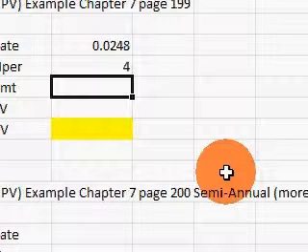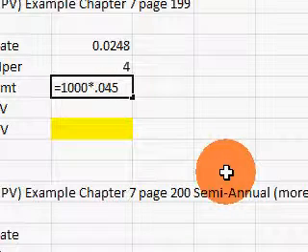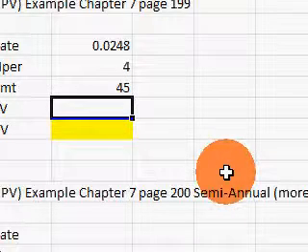There's a couple ways we can do this, but I'm just going to do it this one. We'll say equals 1,000, and then times 0.045.